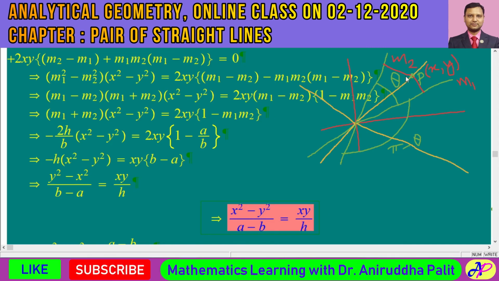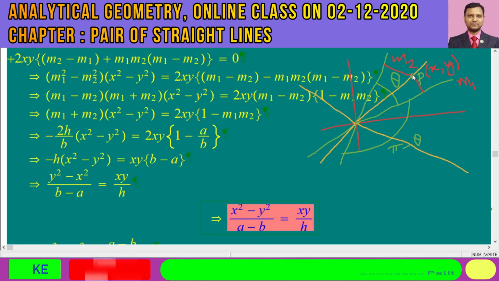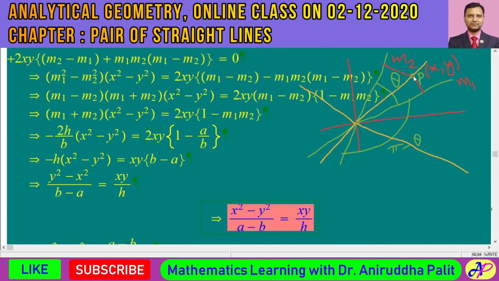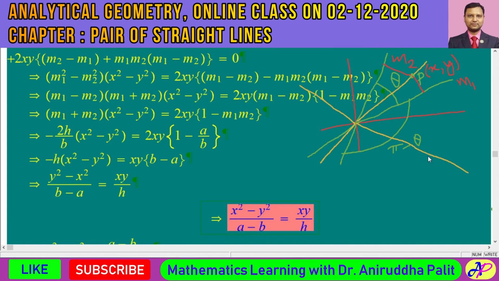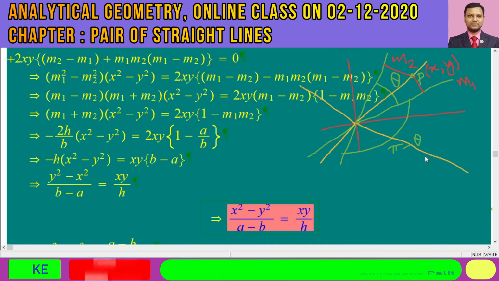Both of these two bisectors over here, for the sake of simplicity, we are taking p on this straight line. So it does not mean that p should always lie on this kind of straight line. You see, the position of p might also be on this second bisector. Got it?